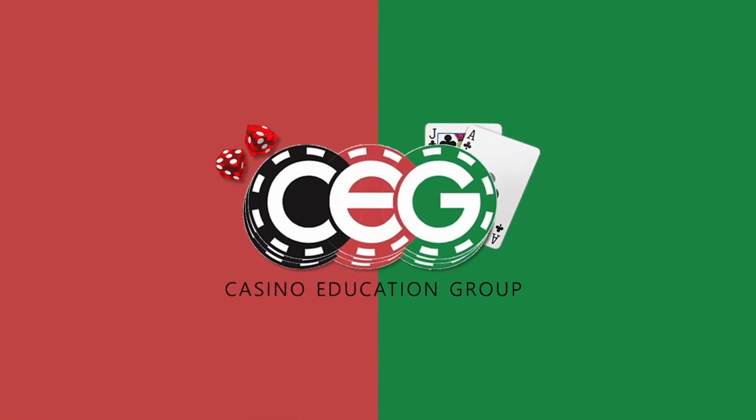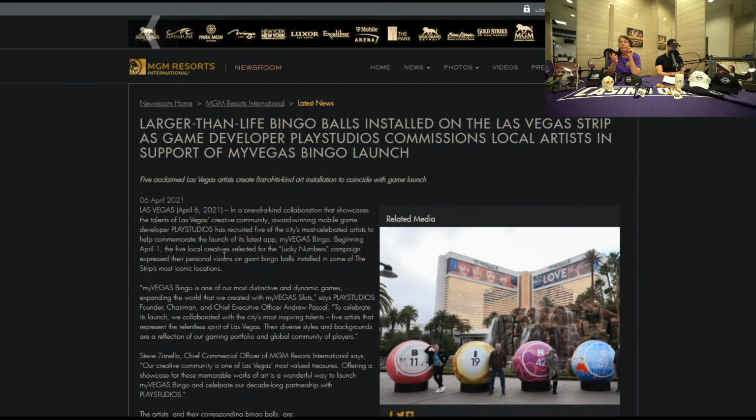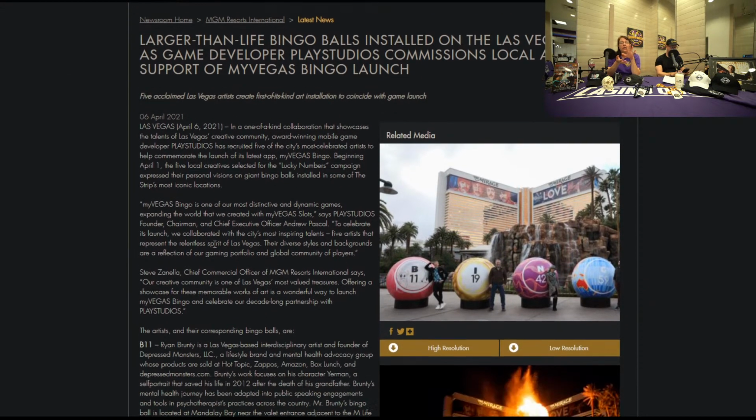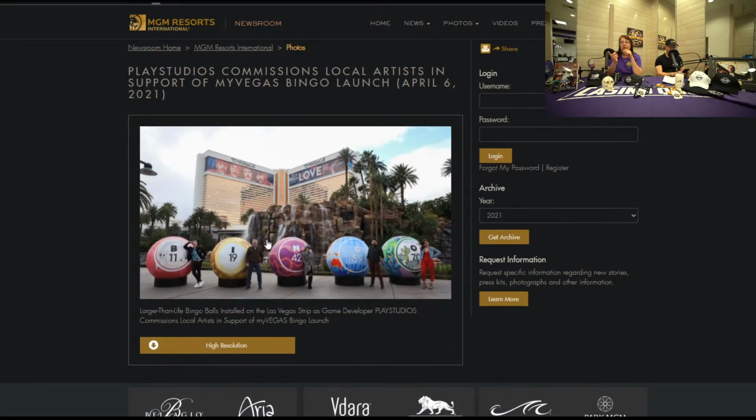He's got to find the picture. It might be a minute. He had them up there earlier. I know. So if you can find that picture, I want to tell you, I love this. I'm going to go see it. It's somewhere near the Mirage. I only know that because the Mirage is in the background. I've got to figure out exactly where this is. They commissioned 5 local artists to design these bingo balls. You can only see 4 in the picture. The 5th one is out of the frame. So these 5 bingo balls are just an art display.